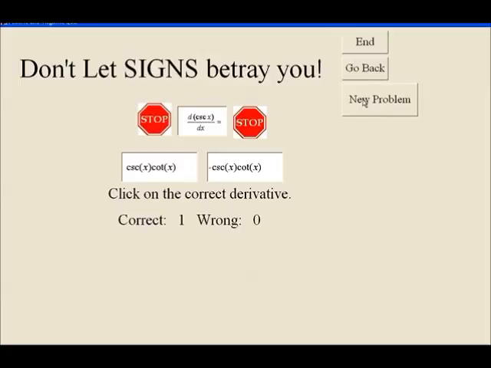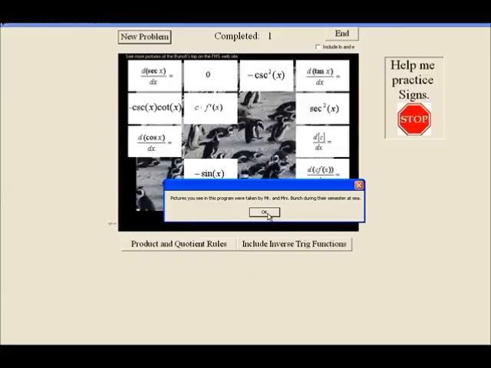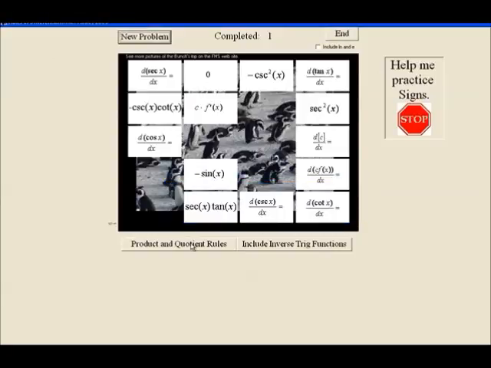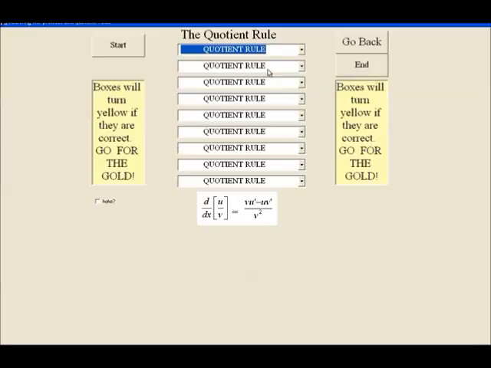Wouldn't that be sad? So the other thing is I'm trying to teach the kids the rules for the product and quotient rules, and depending on how you were taught them, I made my kids learn it with words.